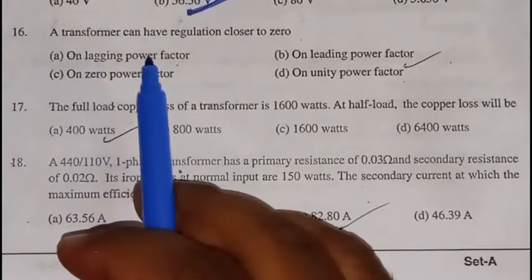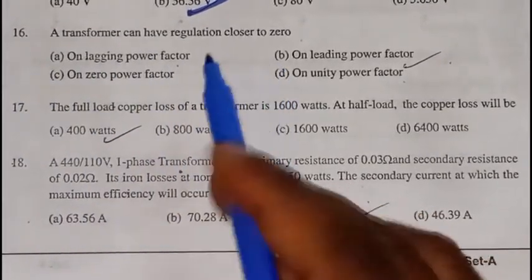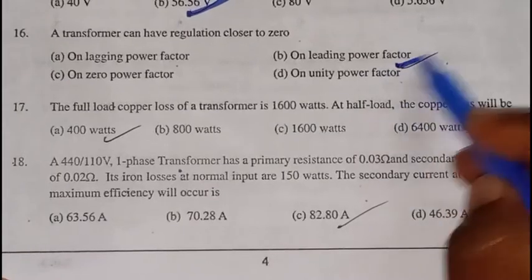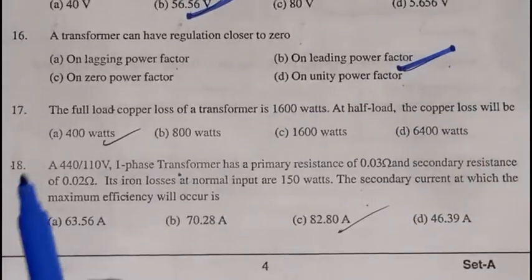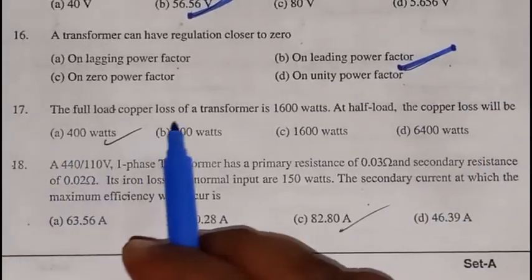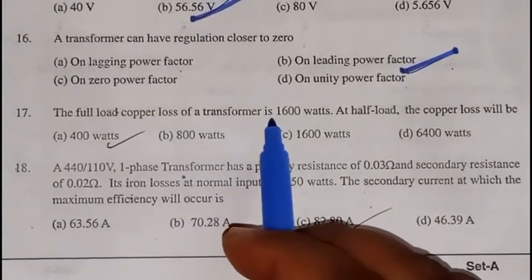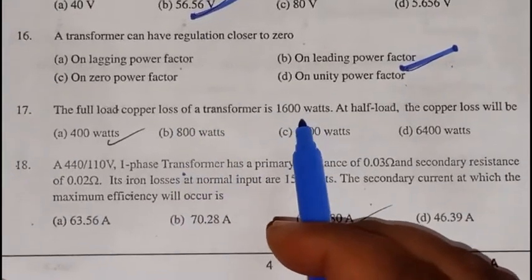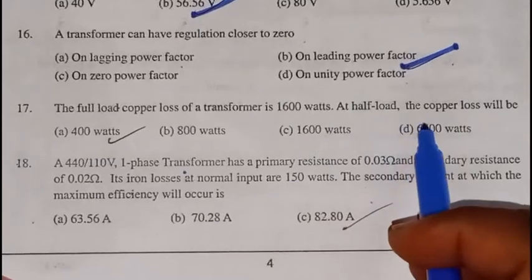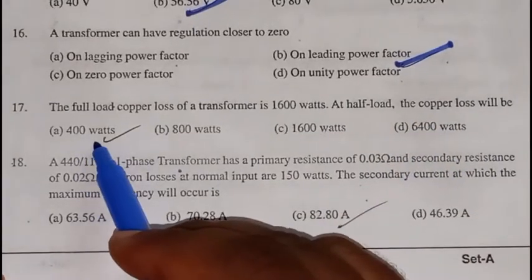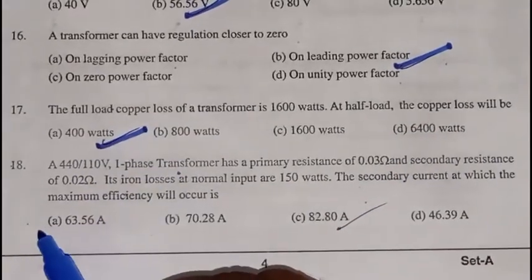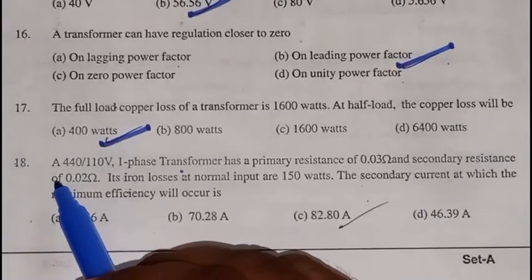Question number 16. A transformer can have regulation closer to 0 on leading power factor. Question number 17. The full load copper loss of a transformer is 1600 watts. At half load, the copper loss will be answer 400 watts. Question number 18.